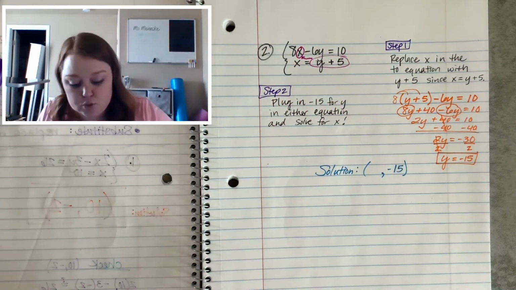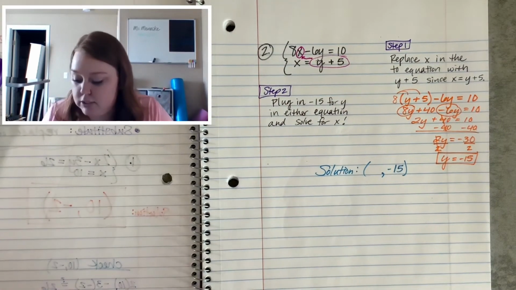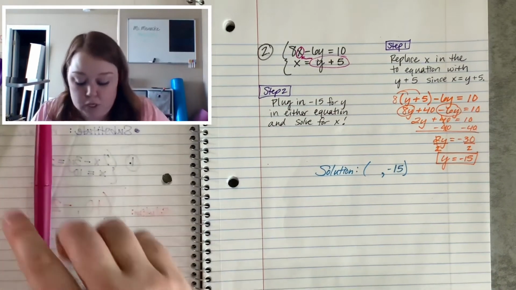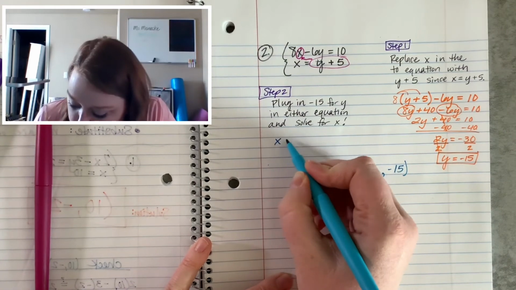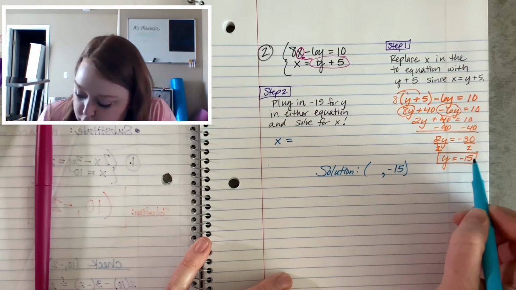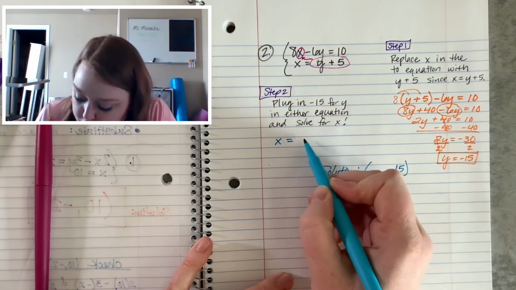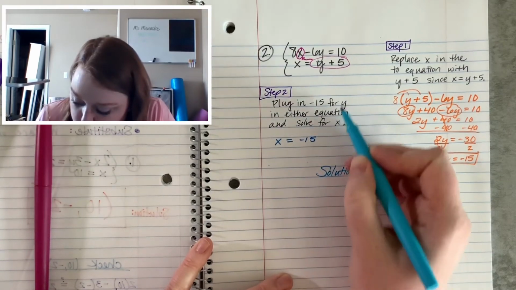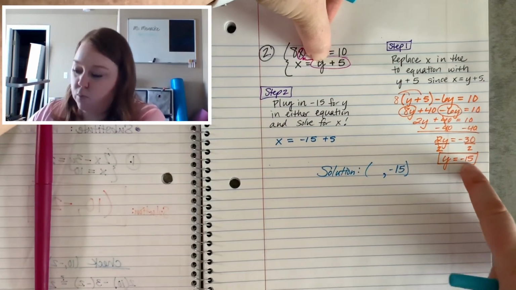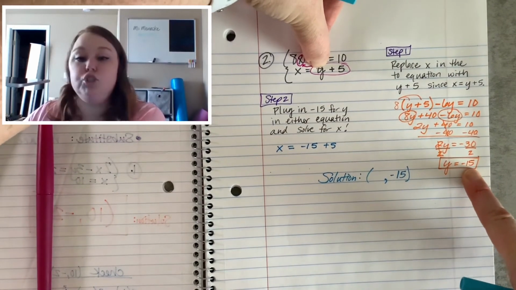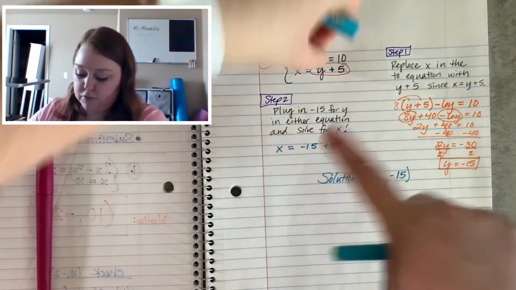So I'm going to choose the second equation. Instead of x equals y plus 5, I'm going to do x equals negative 15 plus 5. All I did was replace this y with what y is equal to.